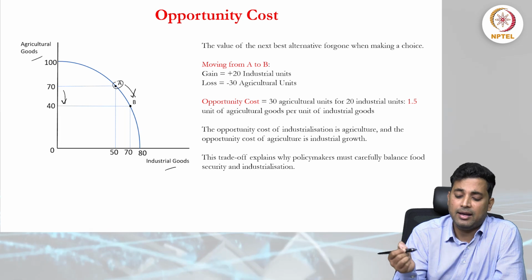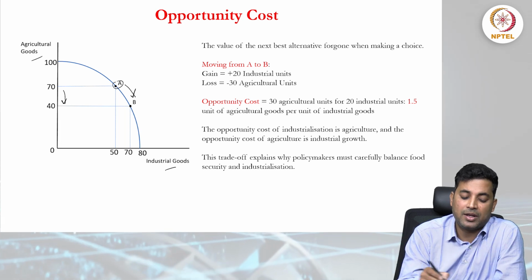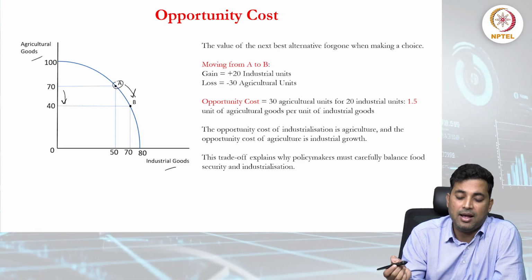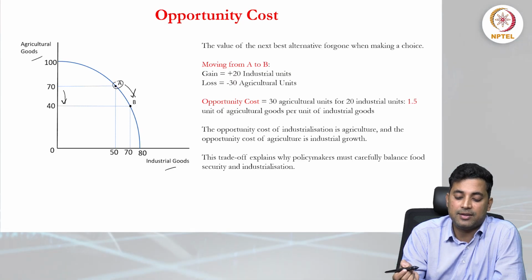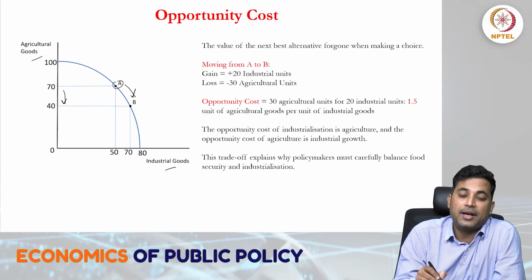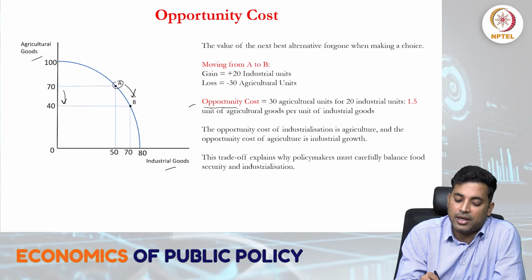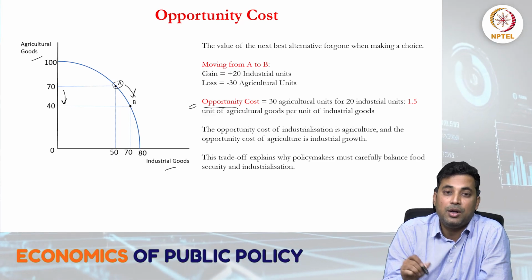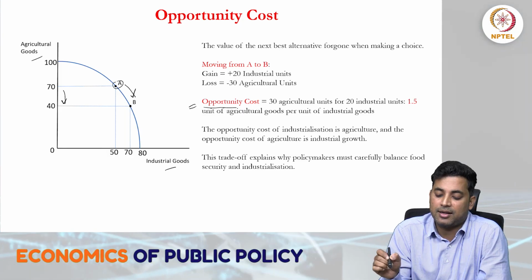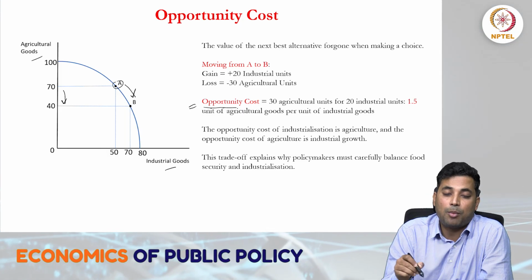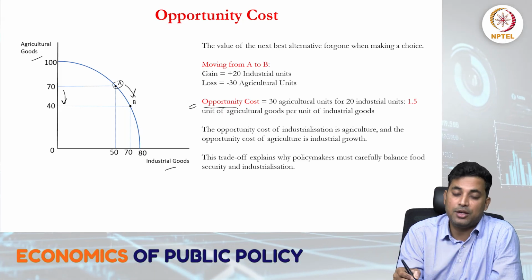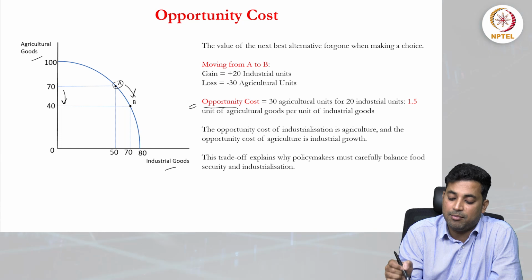So there is a gain for the industrial units, 20 units is a gain, but agricultural units is a loss, 30 units is a loss. So if I define opportunity cost with this diagram, it is 30 agricultural units for 20 industrial units. So the opportunity cost is 1.5, just a simple calculation of 30 by 20.